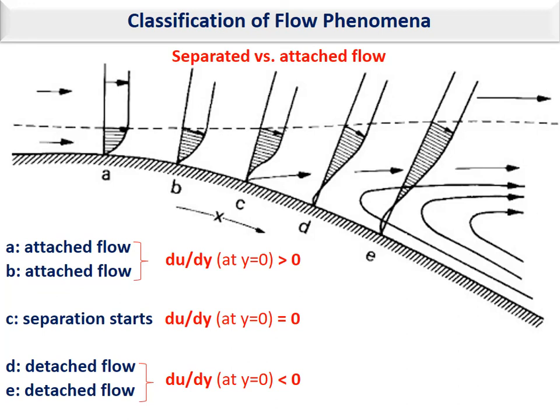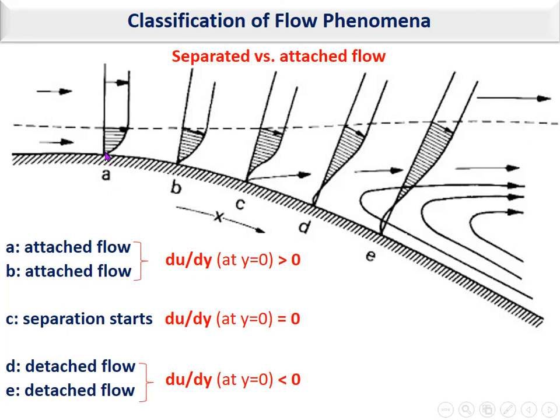The next classification is separated versus attached flow. Consider the flow over a curved surface like the one I showed here. At point A, the flow is attached flow. At point B, again, the flow is attached. And as you can see, du over dy, where u is the velocity and y is normal to the surface, is more than 0.